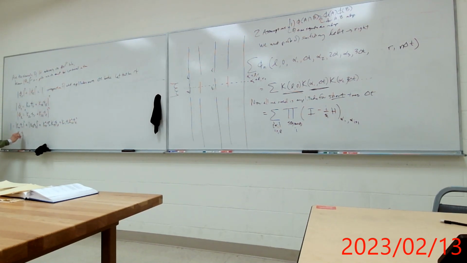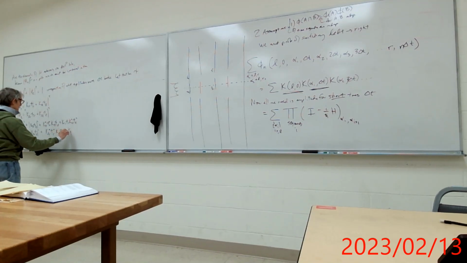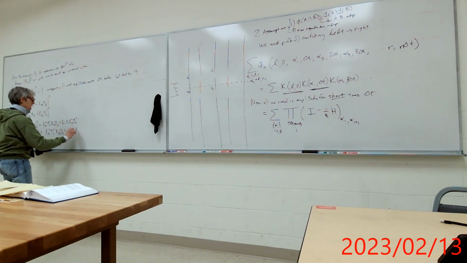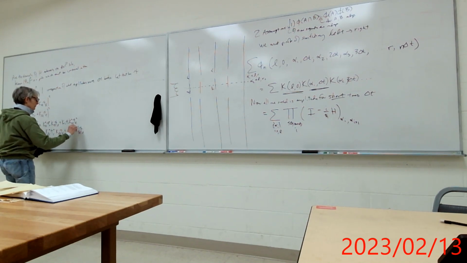And then the other term, KLR psi R squared plus KLL psi L squared plus KLR star psi R star KLL psi L plus KLR psi R KLL psi L star.